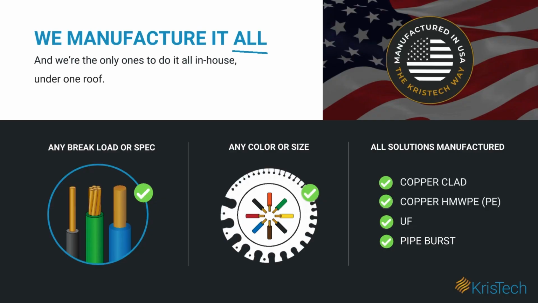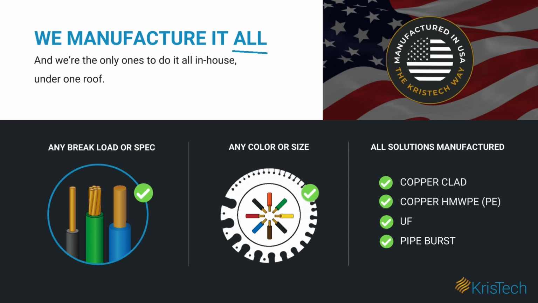Kris-Tech manufactures all types and variations of copper and copper-clad steel to meet any application. In copper-clad steel, we have stress-relieved or high flex, high strength, and extra high strength. We also manufacture stainless steel for specific drilling applications and a 7x7 copper-clad steel pipe burst tracer wire with a 4,700 pound break load.